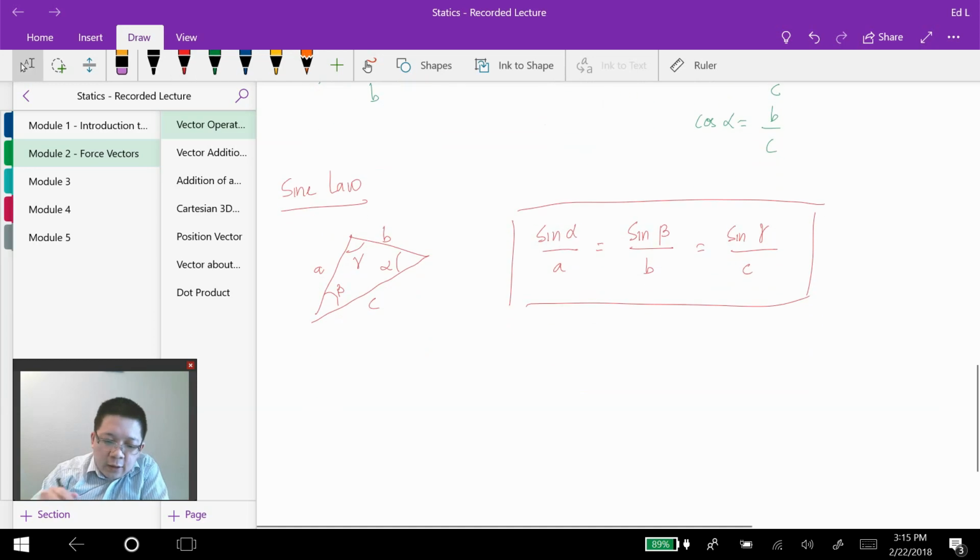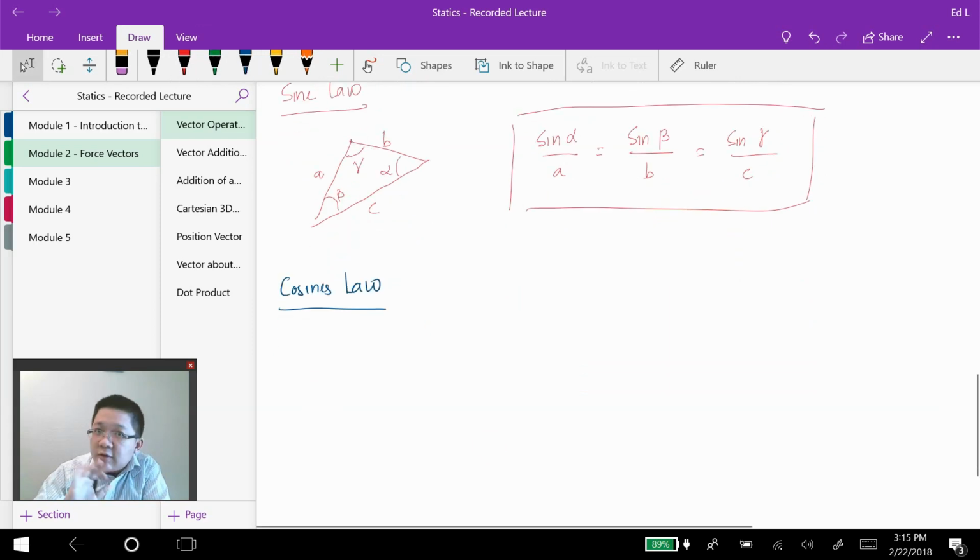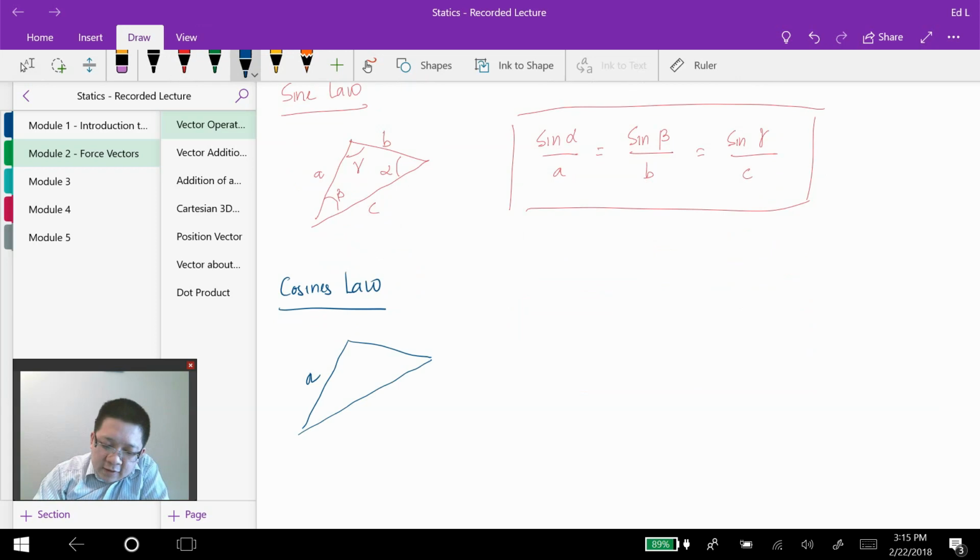The third law that is helpful later is the cosine law, and it works for any triangle. Let's say we have an arbitrary triangle. The length of this side is A, this side is B, and this side is C, with angles alpha, beta, and gamma.